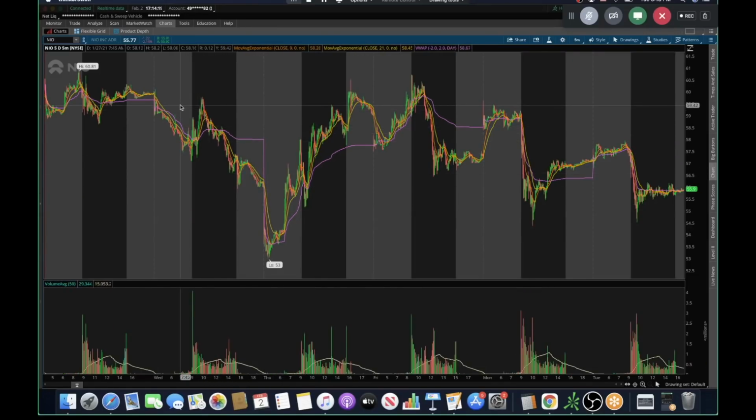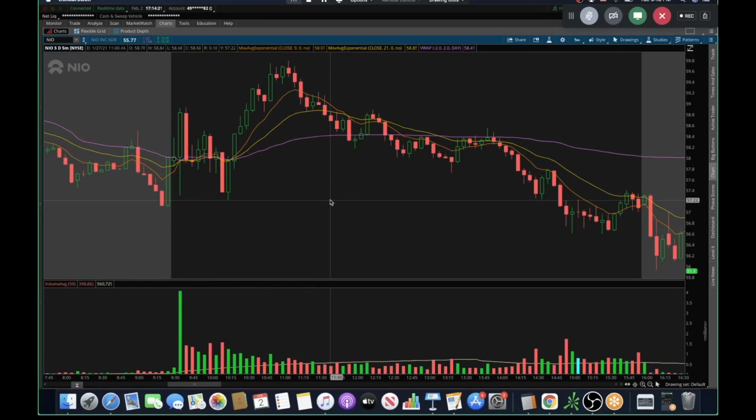Another thing that I look for when I'm looking at the VWAP, let me see if I can catch something here. Okay, so what I look for is two things. If you see your EMAs crossing above your VWAP, it signifies an uptrend.